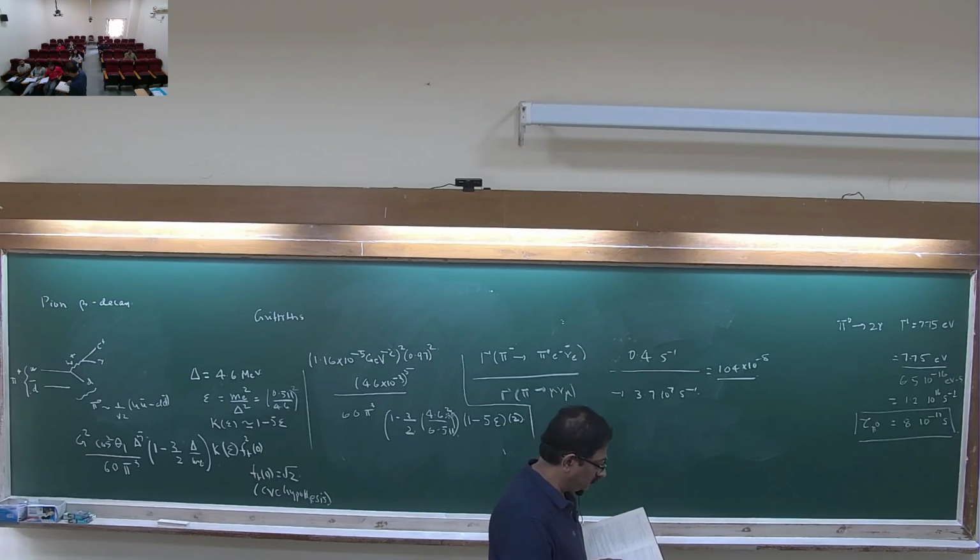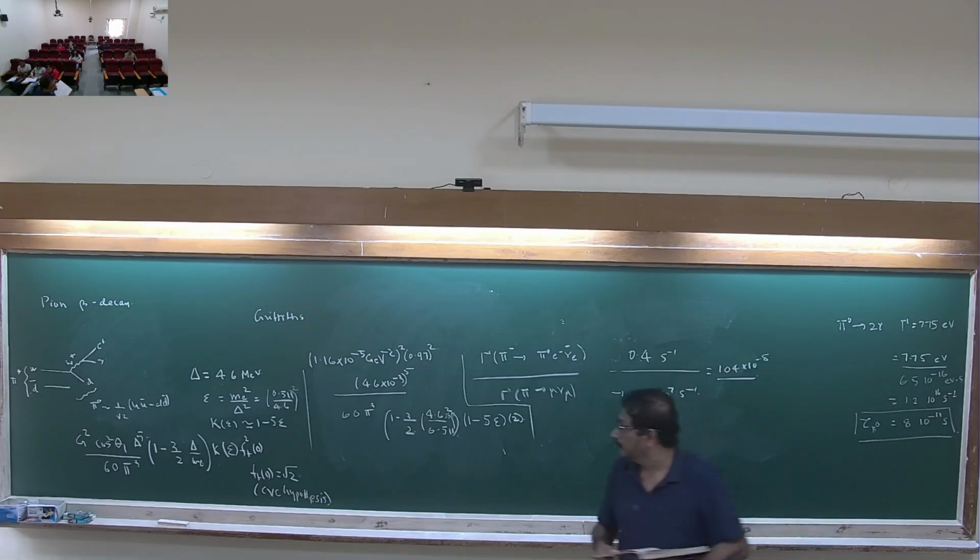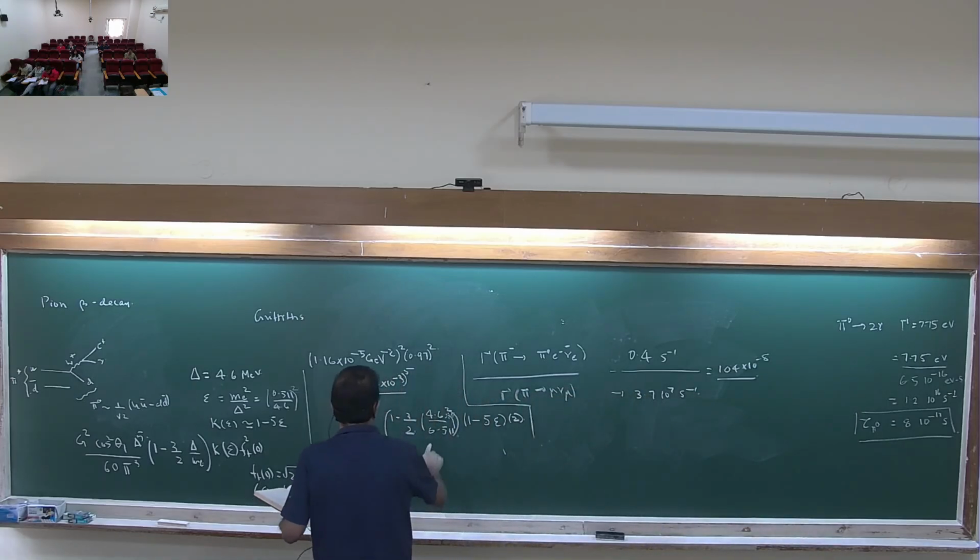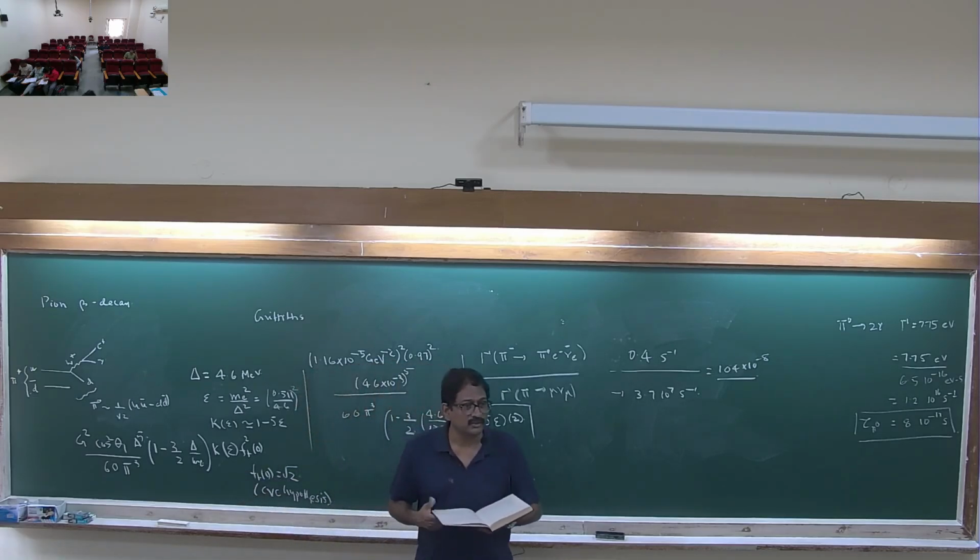No, but this 3 by 2, it says delta by m, but what is m over here? Wait a minute. It's m, it's not m_e, it is m. No, m is the mass of the pion, excuse me. This is the mass of the pion. Sorry. 139. What did you do? You still get the answer? So that is the mass of the electron, not the pion.